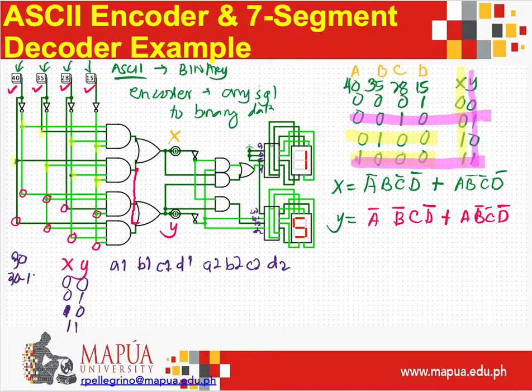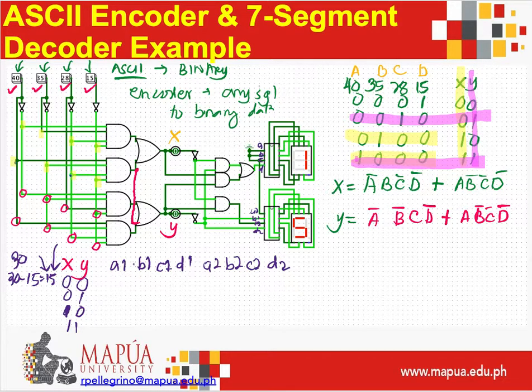This one is for the first 7 segment, the most significant 7 segment, and this will be the least significant 7 segment. So that means we have 1. How do we represent it in binary, or in the 7 segment?